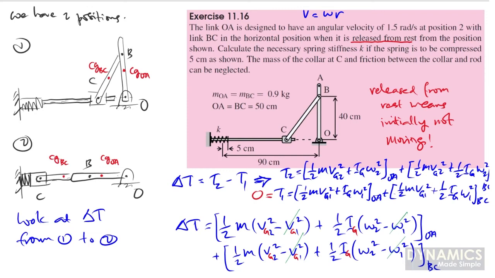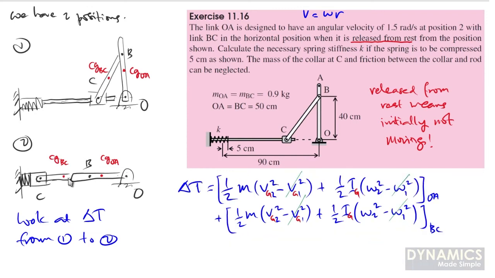At position 2, we know how member OA moves. OA is rotating. We are not interested in all the points. We are interested only in the CG location for both members OA and BC. Member OA is rotating about O, so the CG of OA must be rotating about O as well.